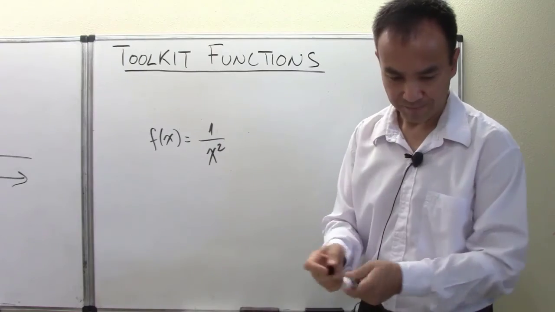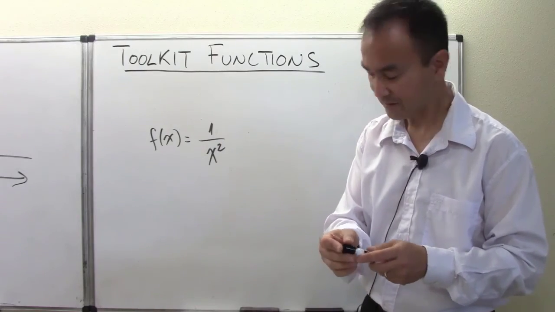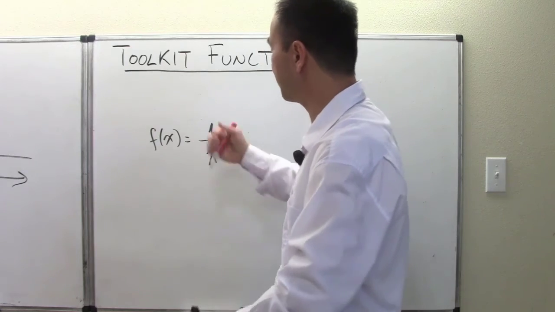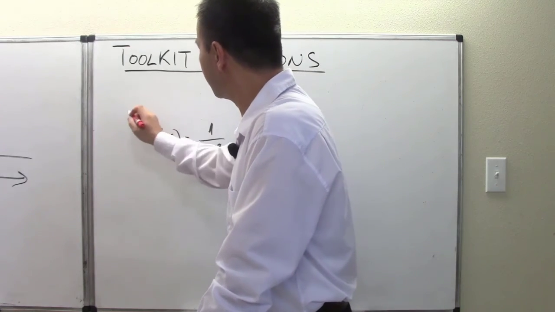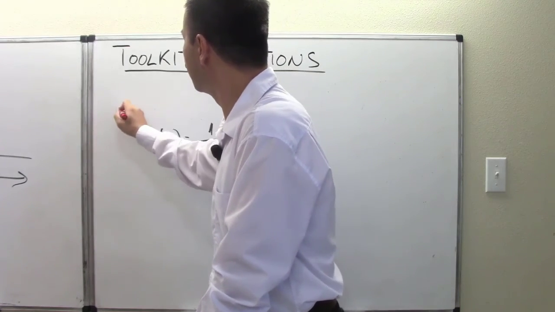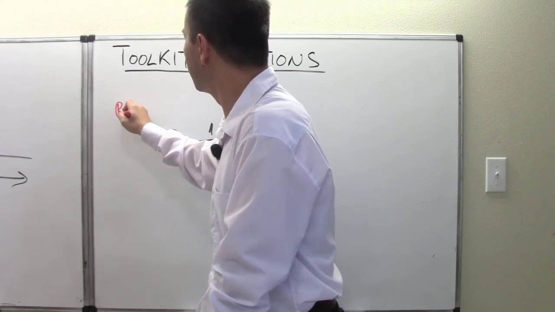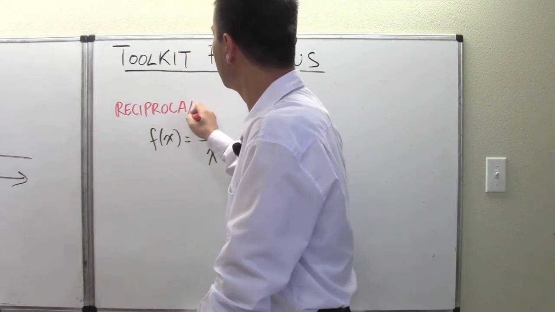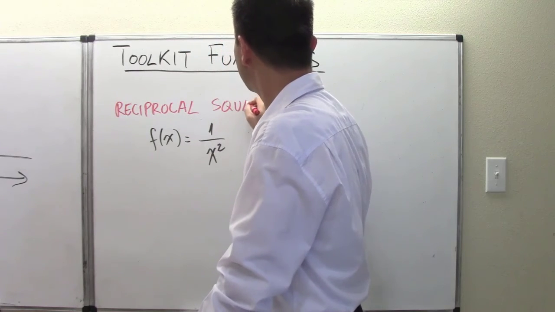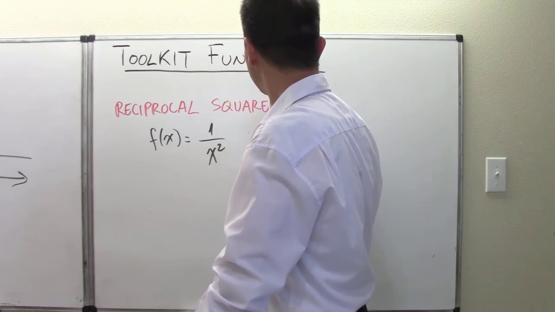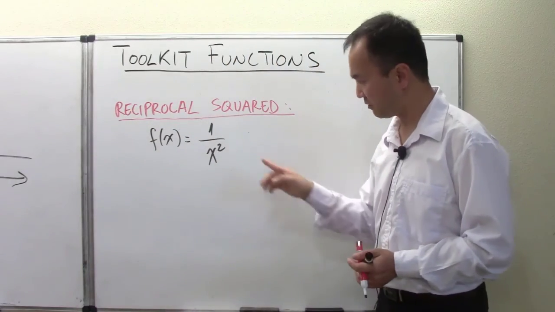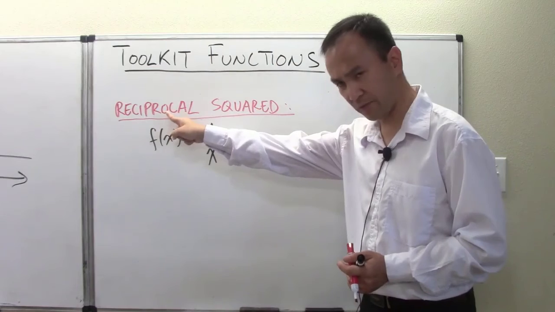And the name here, many authors refer to this as reciprocal squared. Okay, this is a reciprocal squared function. All right, so it has that reciprocal part.